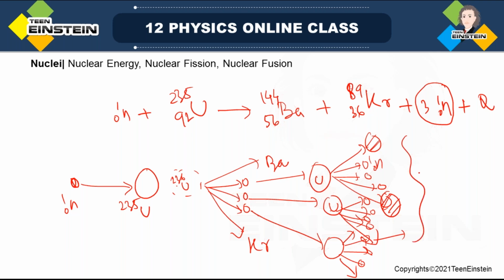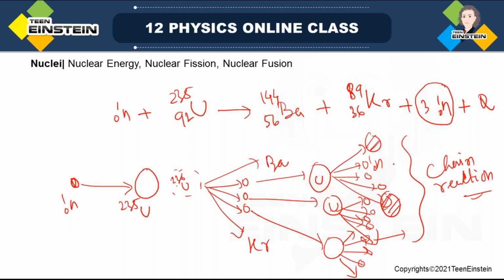So this is called a chain reaction. In a nuclear reactor, a controlled fission reaction is happening, where the energy is used to produce steam, and that steam runs the turbine to generate power.